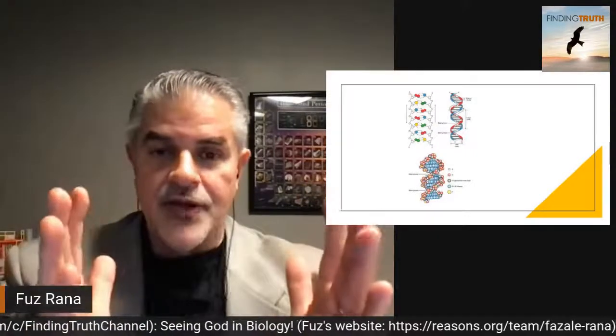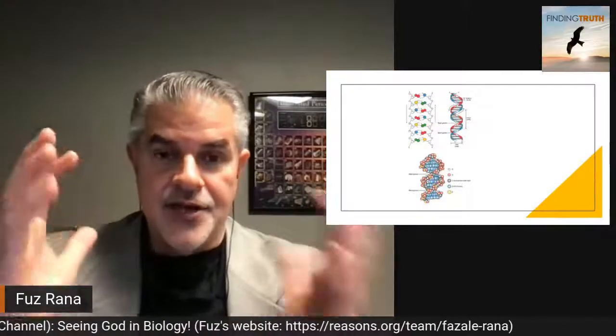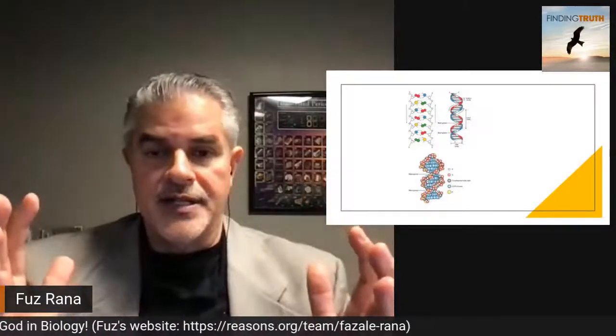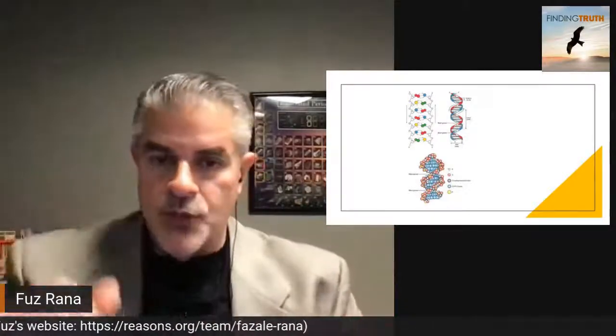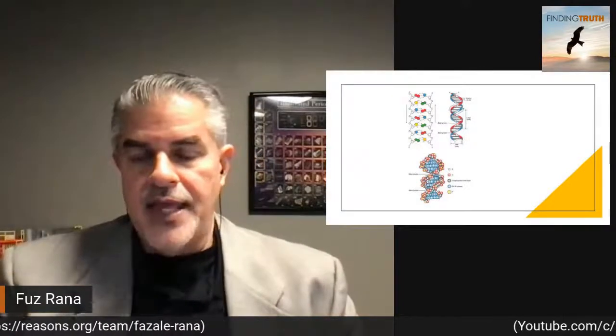It's two molecular strands of DNA that come together to form this ladder-like architecture that, if you twist, you get the well-known DNA double helix.